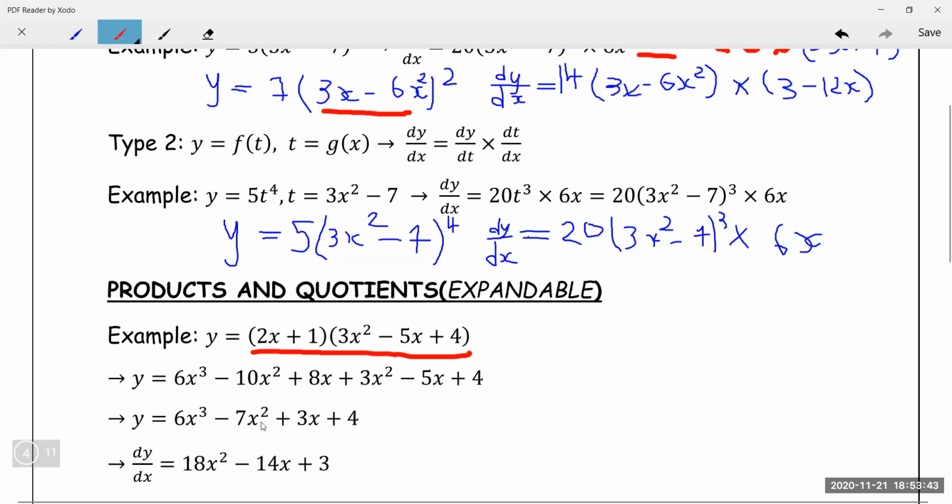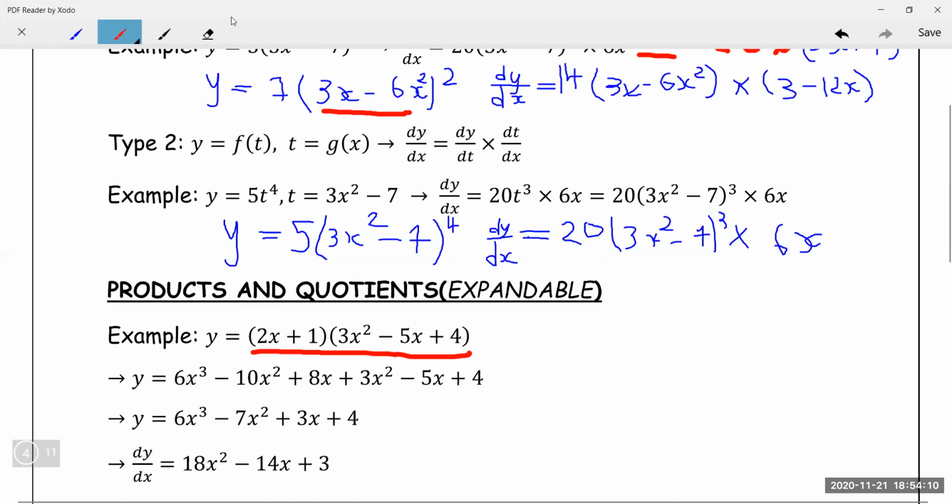So y is 6x cubed minus 7x squared plus 3x plus 4. Now to find dy/dx, we differentiate and get 18x squared minus 14x plus 3.